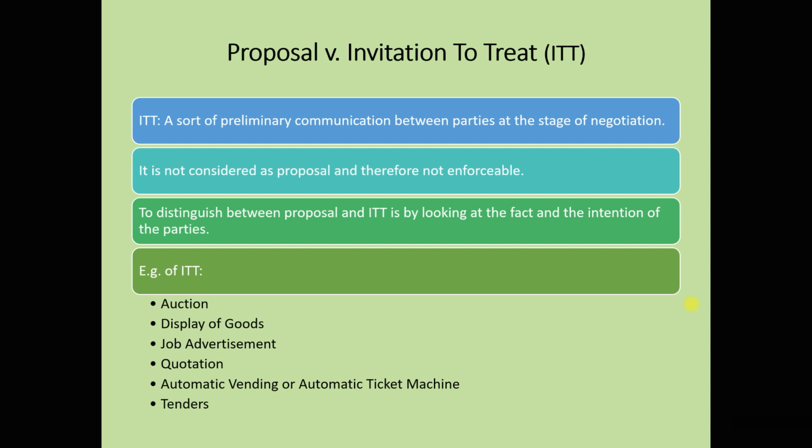Sold means nobody else bids for that particular item, so it's considered a proposal and acceptance. Same goes for display of goods: it is considered a proposal when the customer brings the item to the cashier and gives the money for the price of the goods.